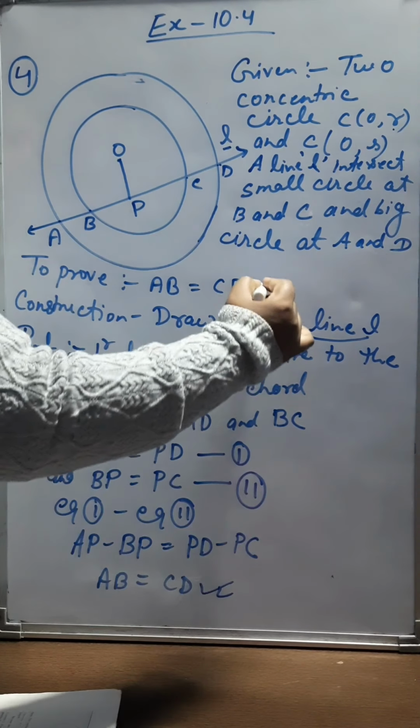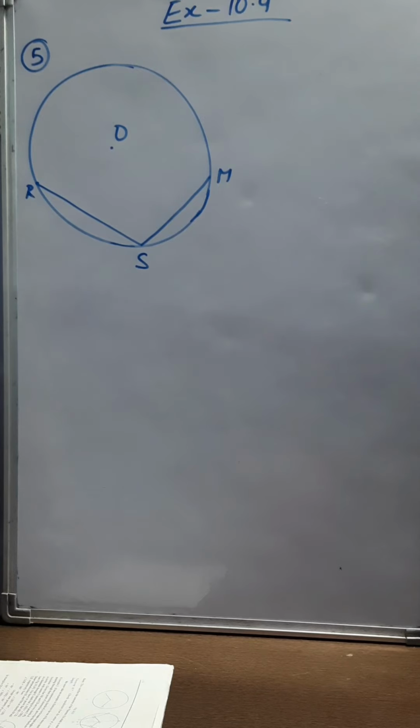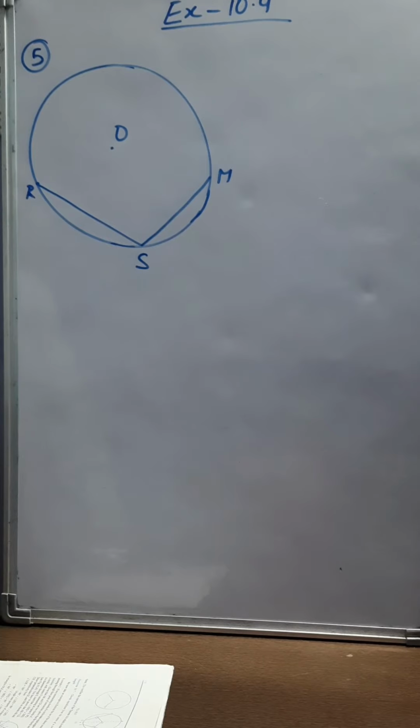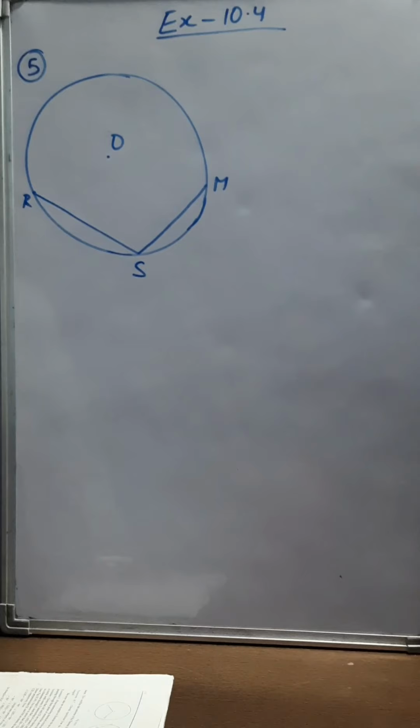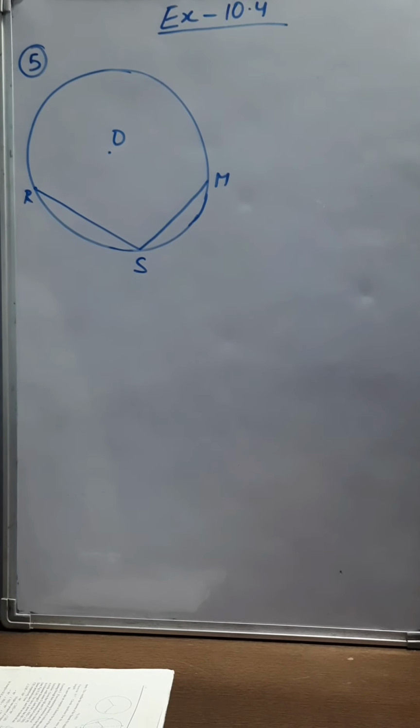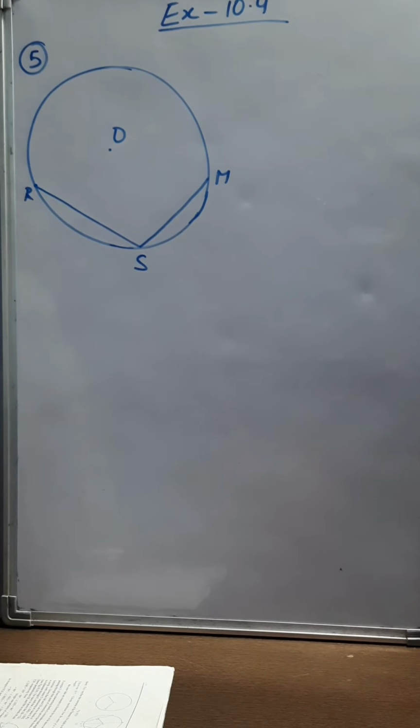Now we will discuss question number 5, which says that three girls, Resma, Salma and Mandeep, are playing a game by standing on a circle of radius 5 meter drawn in a park. Resma throws a ball to Salma, Salma to Mandeep and Mandeep to Resma.